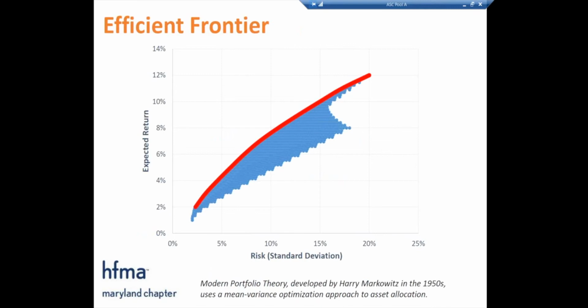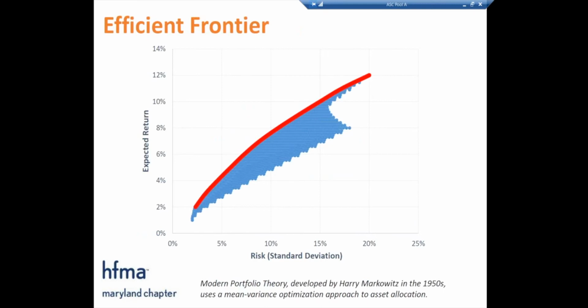So the next step associated with this type of analysis is to develop what's called the efficient frontier, and that is shown here on this slide in red. And these are portfolios that, among all those points in the cloud, are considered efficient. So they have the highest amount of return for every point of risk.